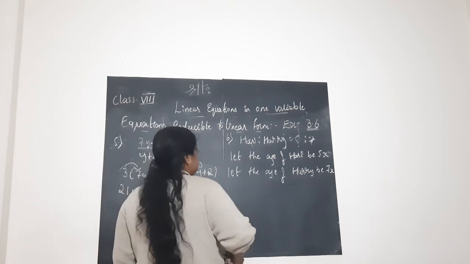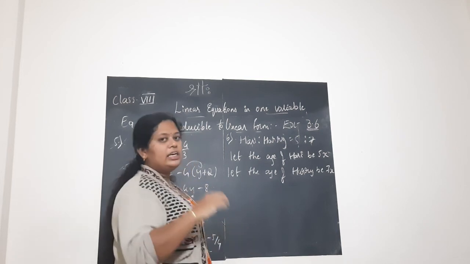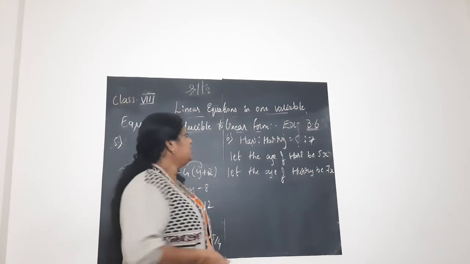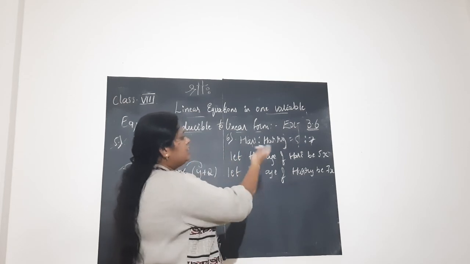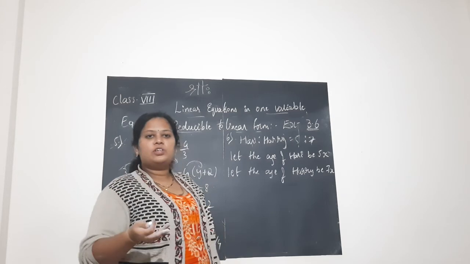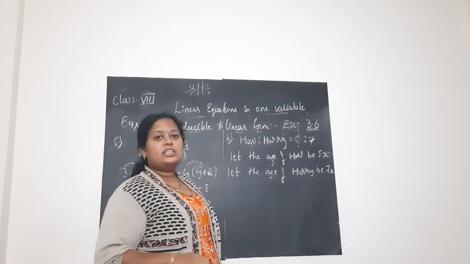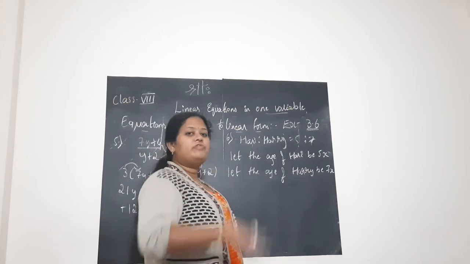You need to add plus 4 years, which means after 4 years Hari's age will be 5x plus 4. After 4 years Harry's age will be 7x plus 4. Why are we adding plus 4 to both 5x and 7x? It is because we are finding out their age after 4 years.